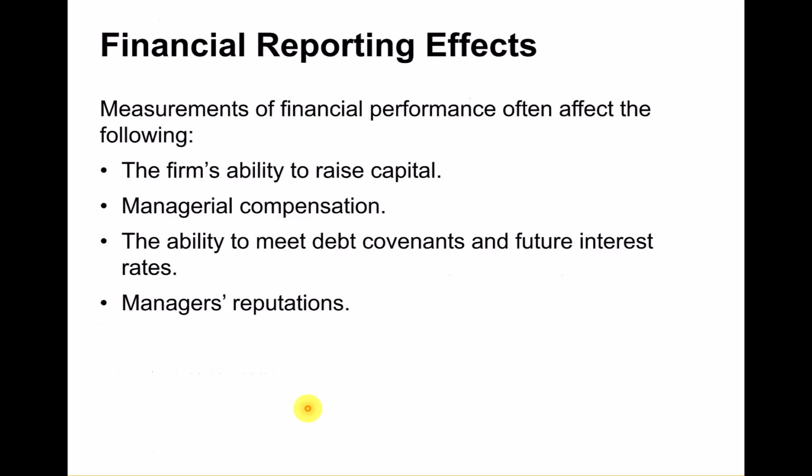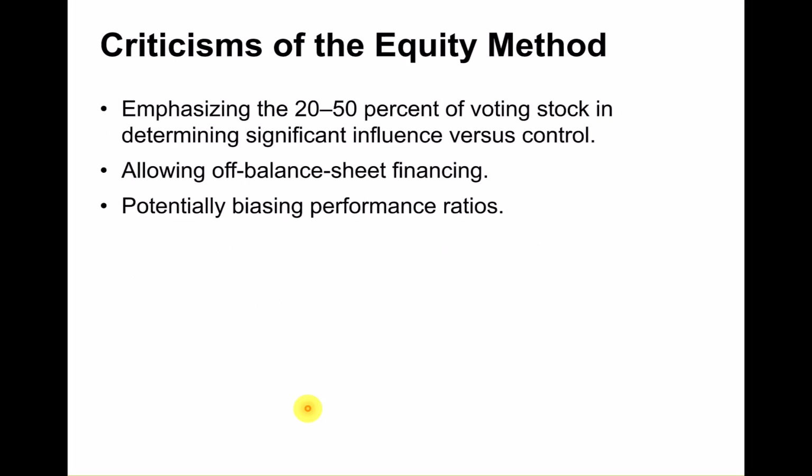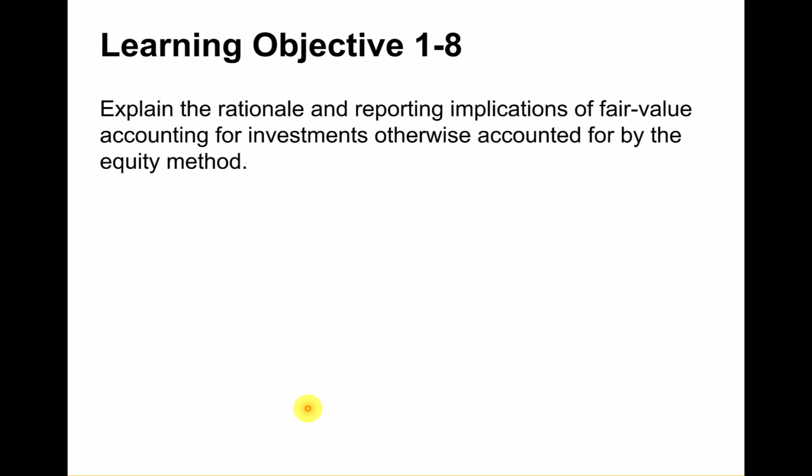Okay, let's move on to the next topic. I'll let you read this on your own in your textbook, but there's good and bad things about this equity method. So some of the good things is it gives you more information. One of the bad things, especially for accounting students, is you got to learn this method. But we're also told there's an option of maybe using the fair value method, even if you own that 20 to 50% interest.